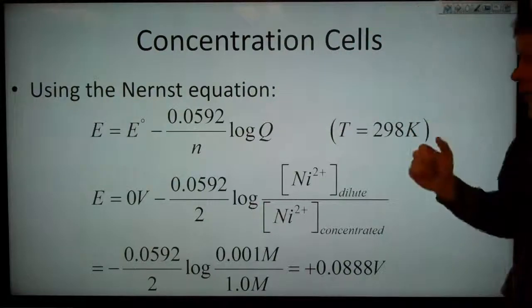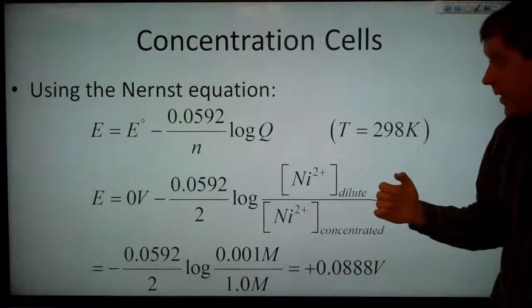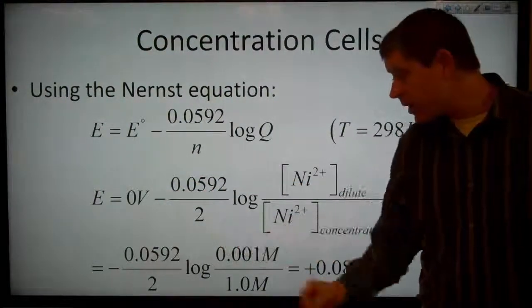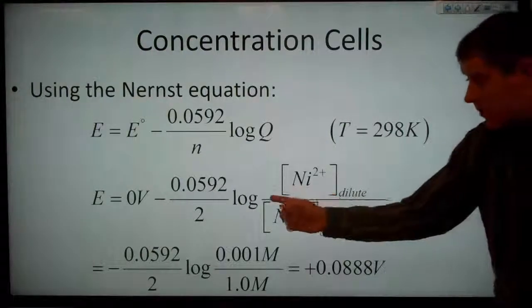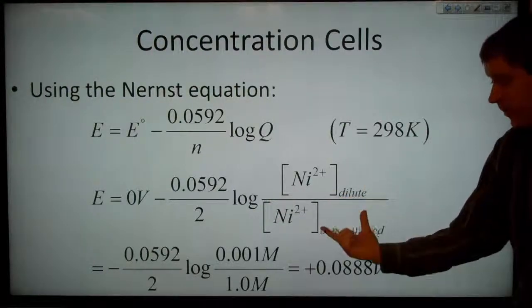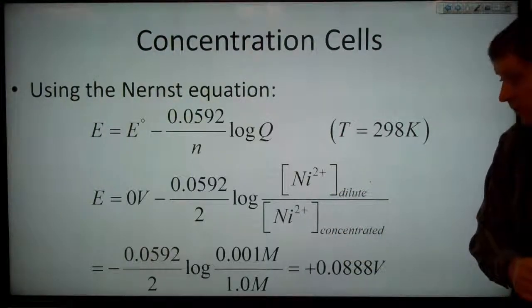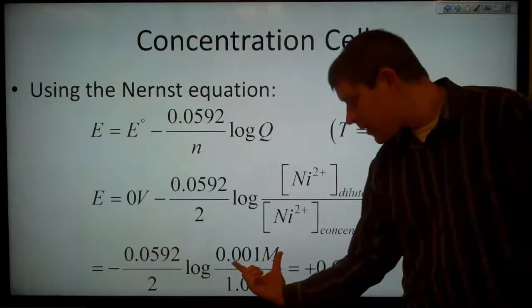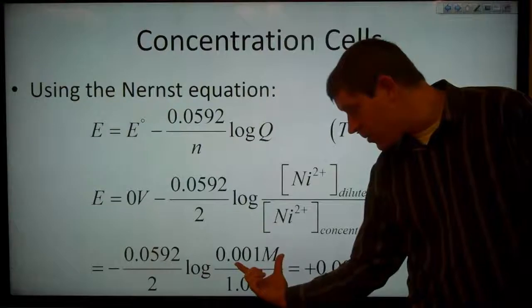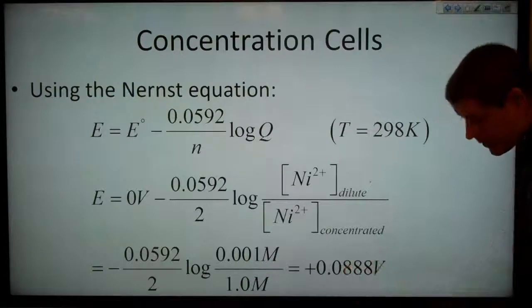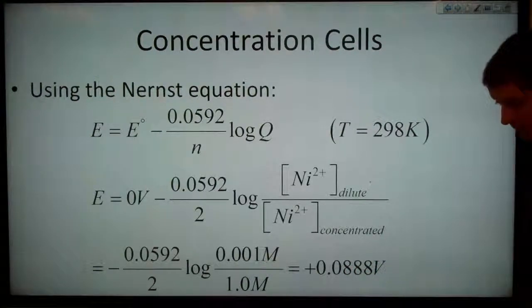And if we then use the Nernst equation, assuming that it's at 298 K, we then get E is equal to 0 volts minus 0.0592 divided by the 2 electrons that are being transferred, times log of the ratio between the dilute and concentrated nickel 2 plus concentrations, which initially start out as 0.001 molar and 1.0 molar, and that means that our cell voltage there is 0.0888 volts.